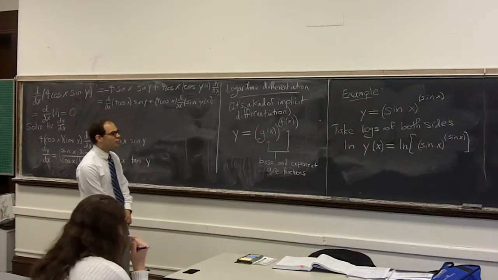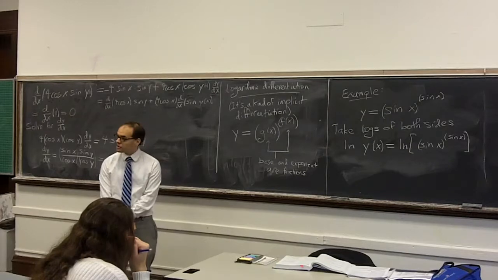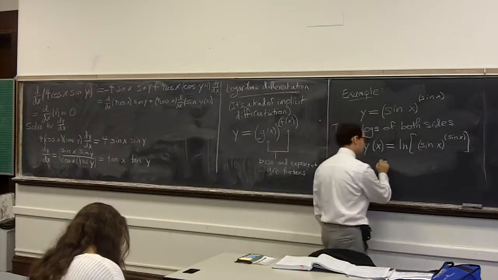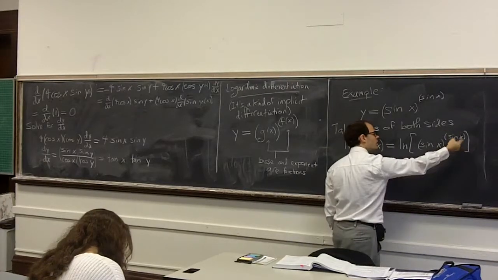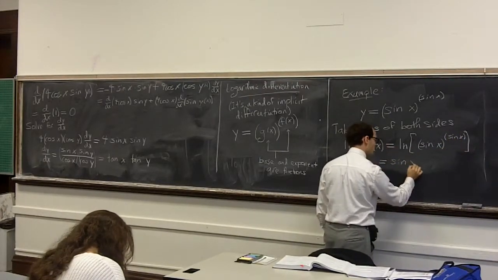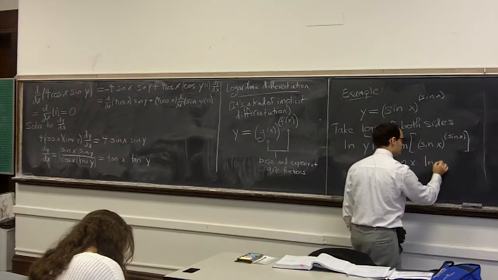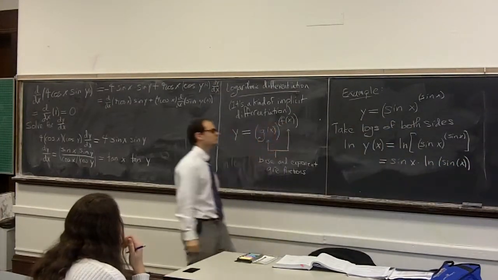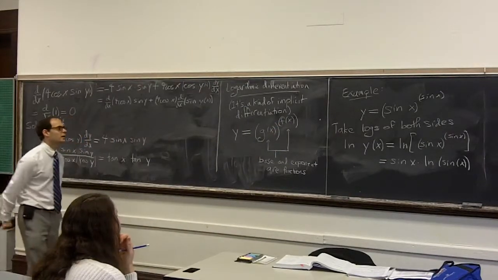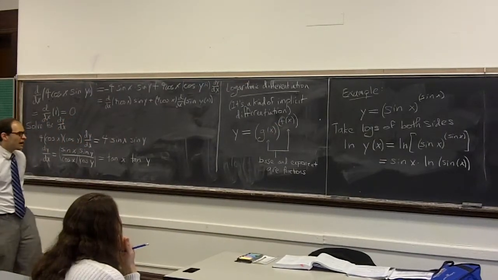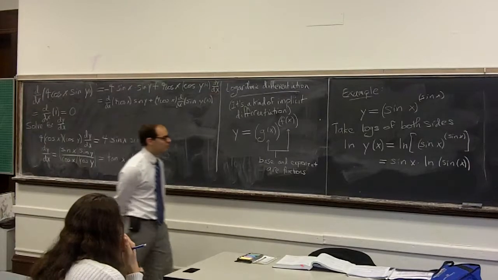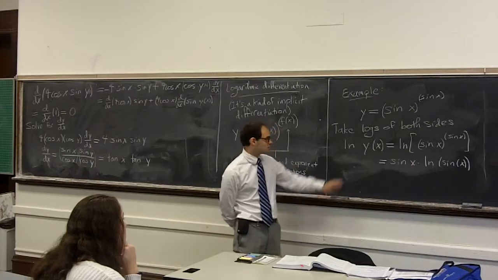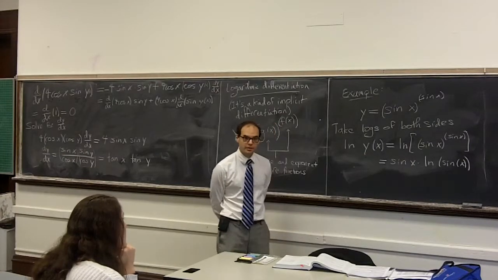The nice thing about logarithms and exponents is that logarithms turn exponents into multiplication. So this exponent here turns into a multiplication. Okay, once you've done that, there are no exponents floating around. Everything is more or less amenable to your usual rules of differentiation, except for the fact that the y has been buried inside the logarithm.